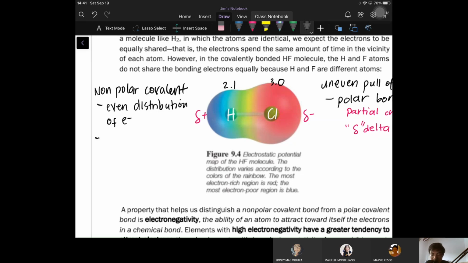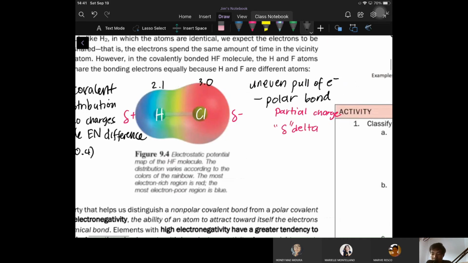So, sulat natin, negligible electronegativity difference. So, even yung distribution ng electron, meaning no charges, and the electronegativity difference is negligible, meaning below 0.4.